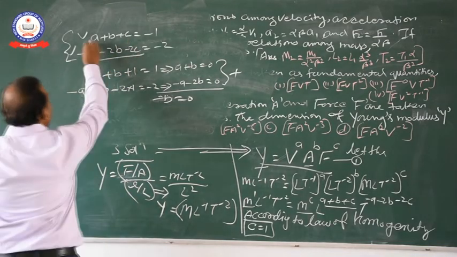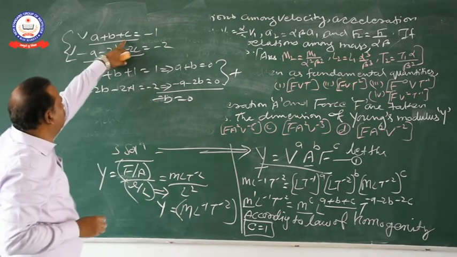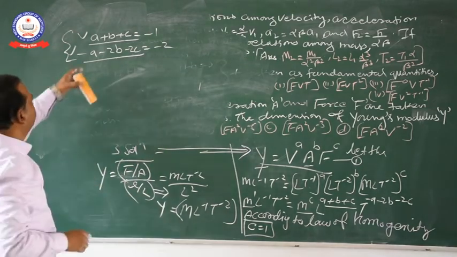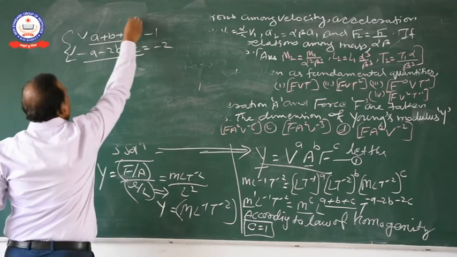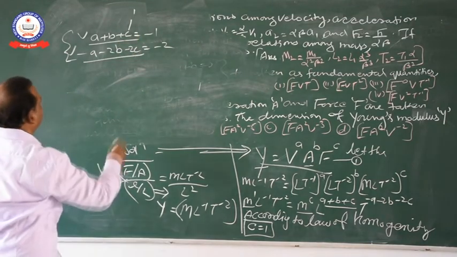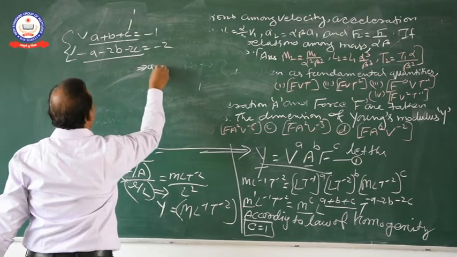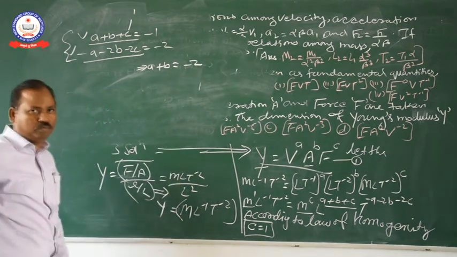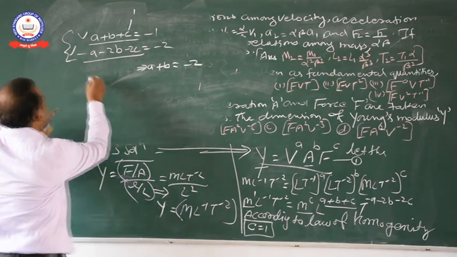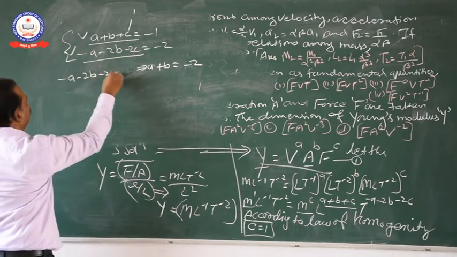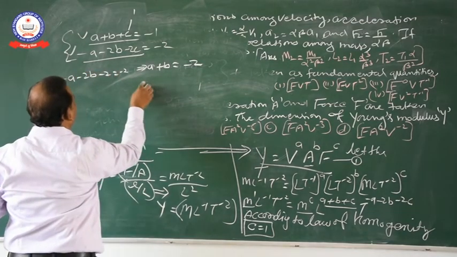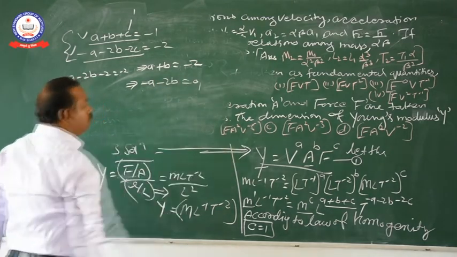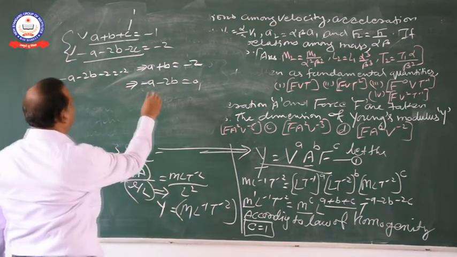When you put a plus b plus 1 minus 2, calculation mistake. Here when we put c is equal to 1, you get a plus b is equal to minus 1 minus 1, that is minus 2. Then minus a minus 2b minus 2 is equal to minus 2. So we get minus a minus 2b is equal to 0. Correct?